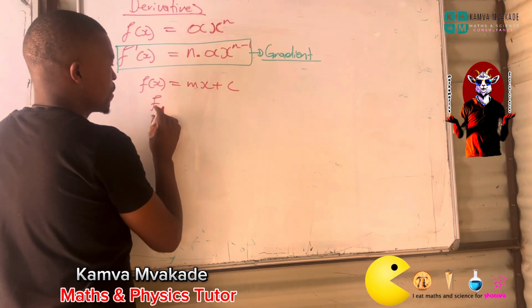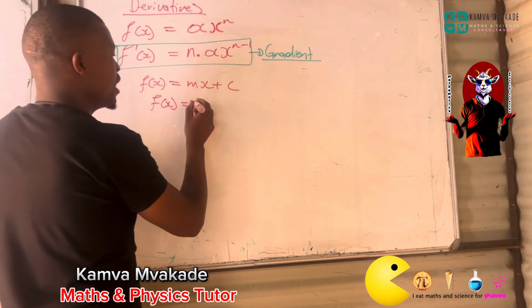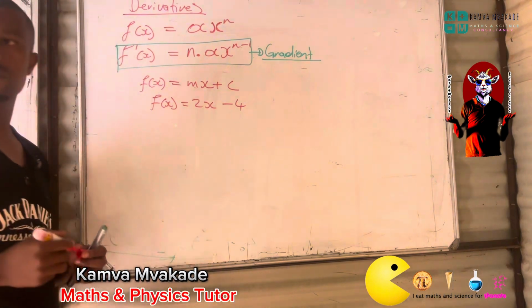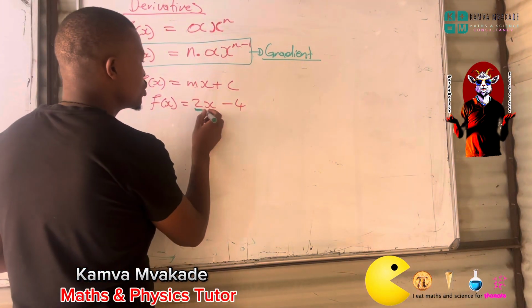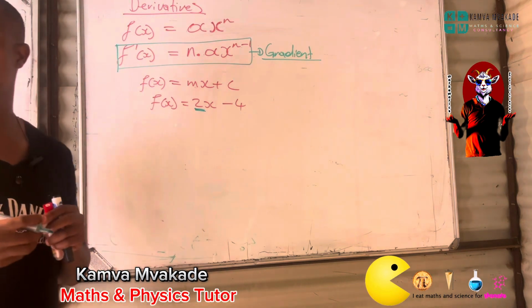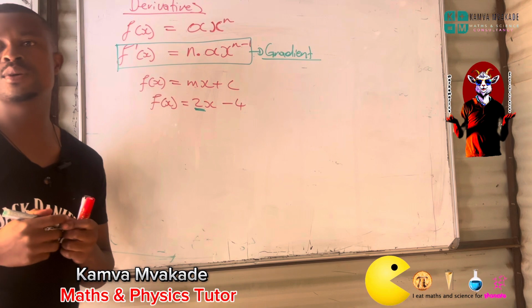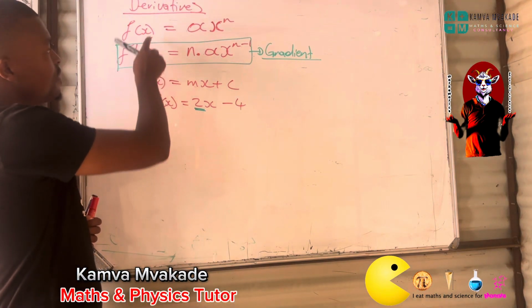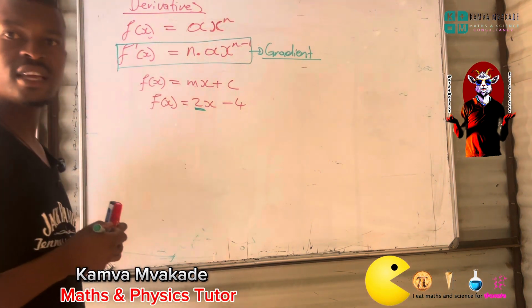Here is an example: f of x is equal to 2x minus 4. What does this 2 represent? The gradient. And we know that the derivative of a function, when we derive this function, gives us the gradient.